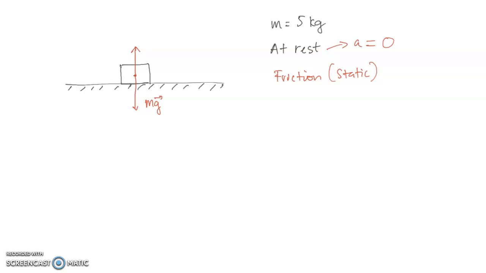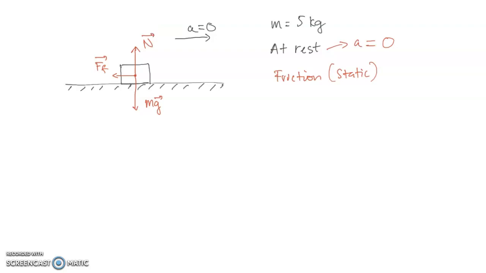So just assume that the movement of the object is in this direction, but the acceleration equals 0. But let's say that if the object is moving, then it will move to the right. Then the static friction would be going opposite of that direction. So this is the normal force and this is the friction force.